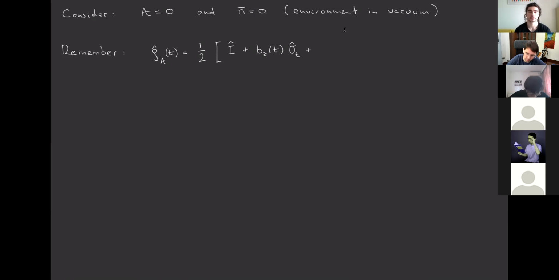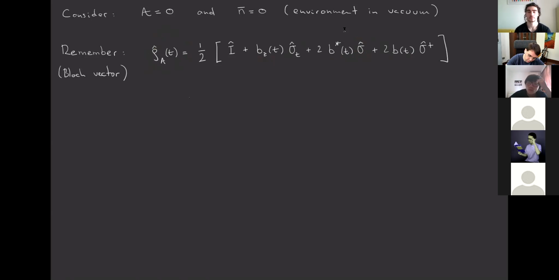In the complex form, we had something like this. Just to remember, the description of a two-level system can be done in terms of the Bloch vectors, which are the coefficients in front of sigma z, and the x and y components of the Pauli operators, or the raising and lowering operators.